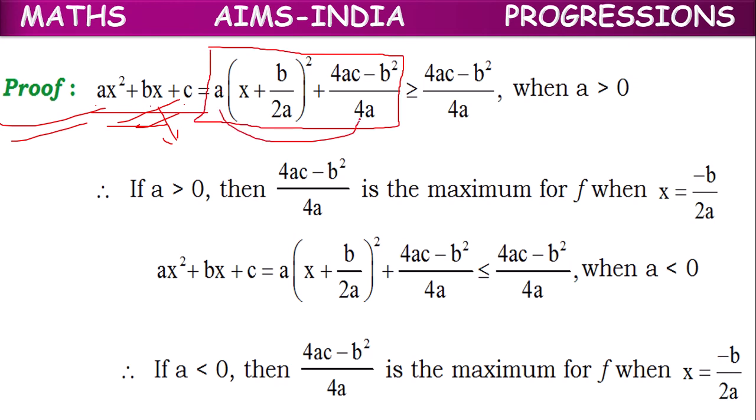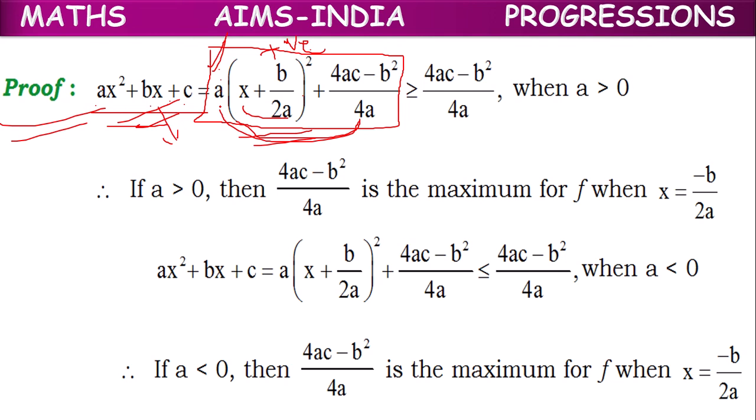If we expand and solve this, this value will be equal to ax square plus bx plus c. So this value depends on the a value, because this value is having a square. It is always positive.